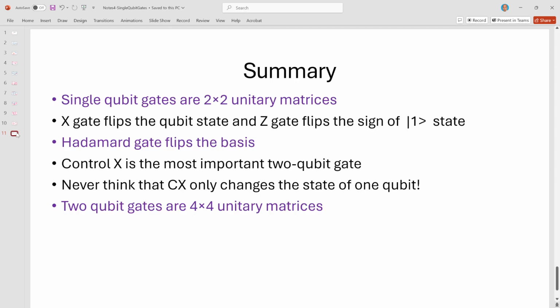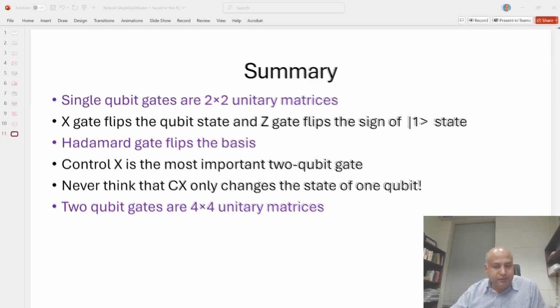So with this, let me conclude this very simple introduction to quantum gates, where I tried to present a single qubit gate as a 2 by 2 unitary matrix and a 2 qubit gate also as a 4 by 4 unitary matrix. And we saw that the X gate flips the state 0 to 1, 1 to 0, and the Z gate selectively flips the phase.